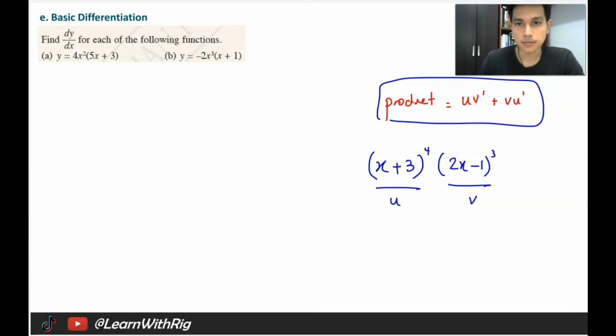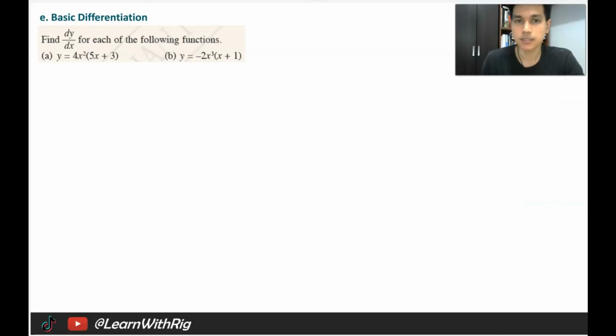But sometimes if you encounter a question like this, y equals to 3x squared plus 1, let's say, and then squared. Same thing, you can expand it and then use the basic method, or you can use the second one, which is called the composite function method.